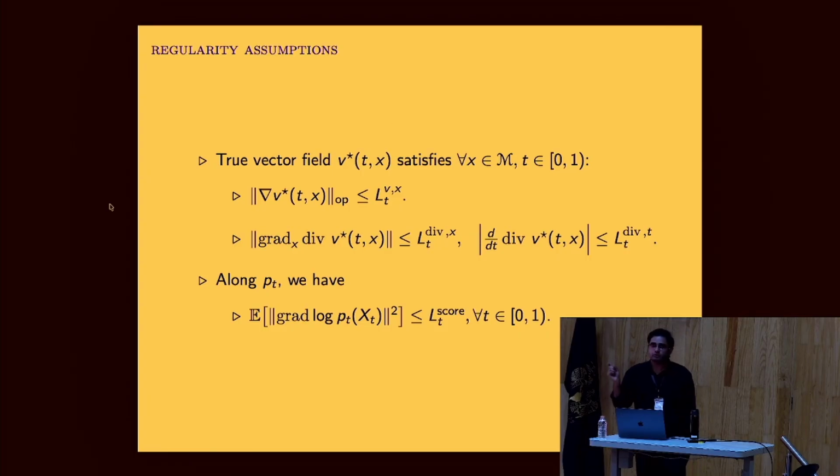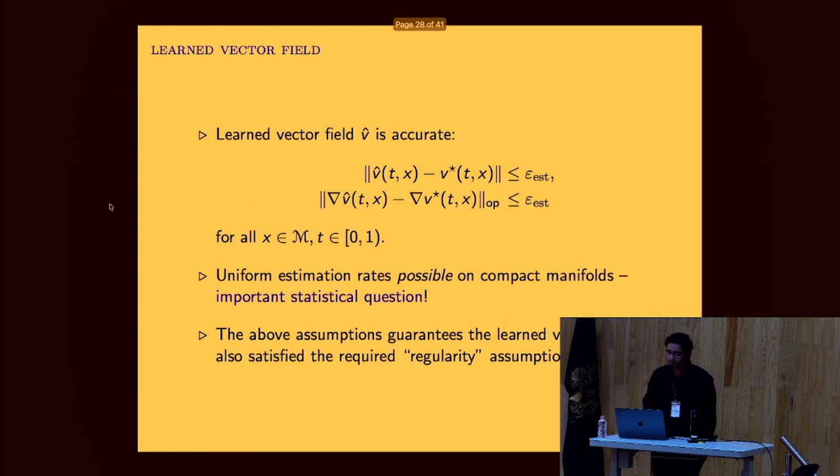As I told you, this true velocity field has a closed form solution, at least as a representation. On a case-by-case basis, for various manifolds, we can verify this condition explicitly, and I present one result for the sphere later on, right?